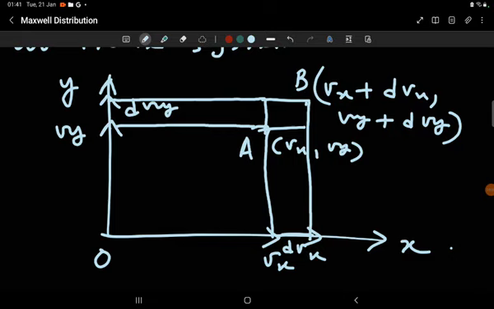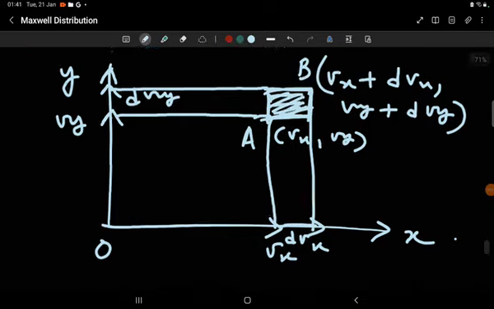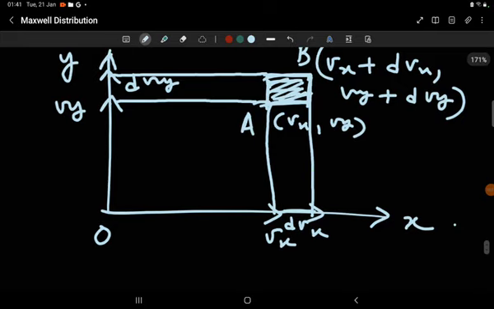What we are interested in here is the number of molecules that fall within this range, right? We are only interested in the number of molecules that lie within this square. This is the number of molecules that we want, right? So we basically need the number of gas molecules, which are basically the number of point masses, in this region.